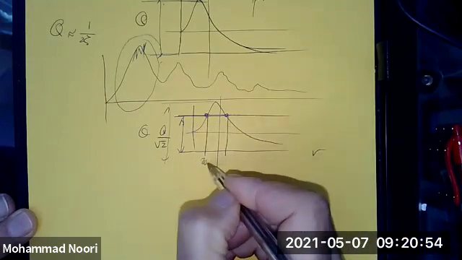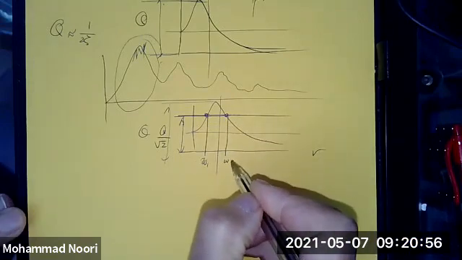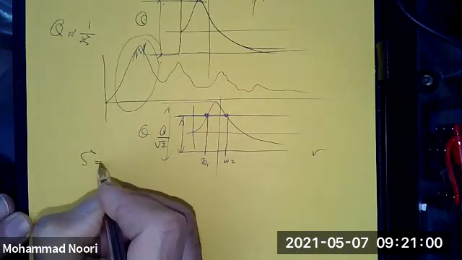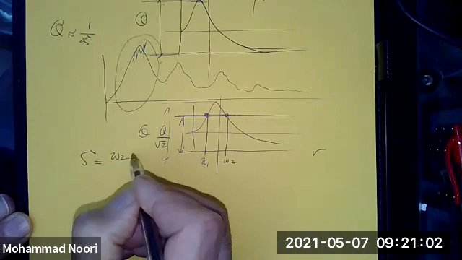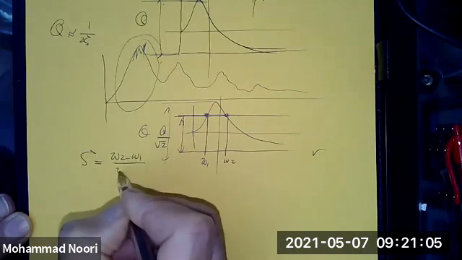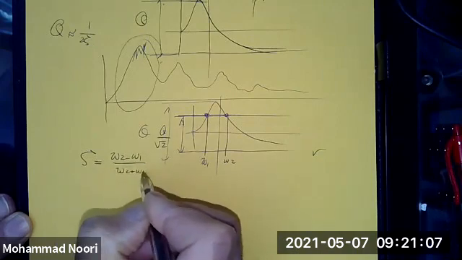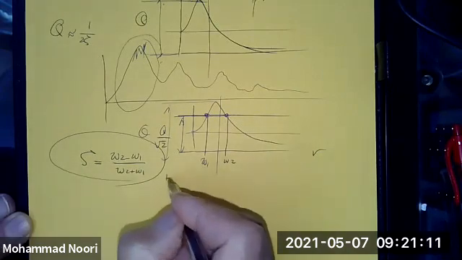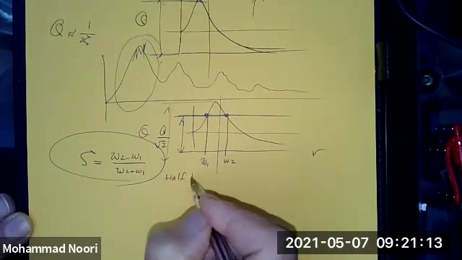Let's say this is omega 1, this is omega 2. You can demonstrate that zeta can be evaluated from this relationship, which we call the half power method.